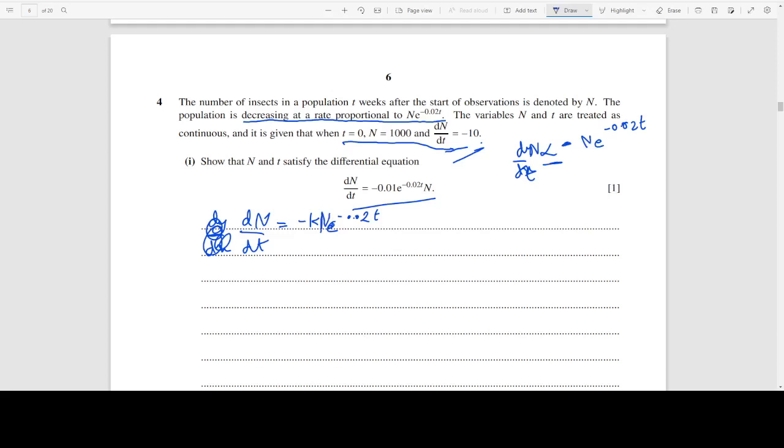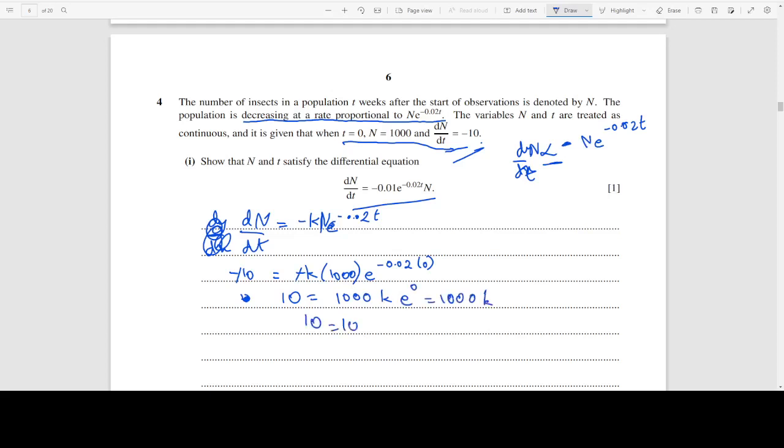We have some fixed values, so we can use these. So we know that when dn/dt is negative 10, n is 1000, and t is 0. So these negatives get cancelled, so 10 equals 1000 k e raised to 0, which is 1000 k.